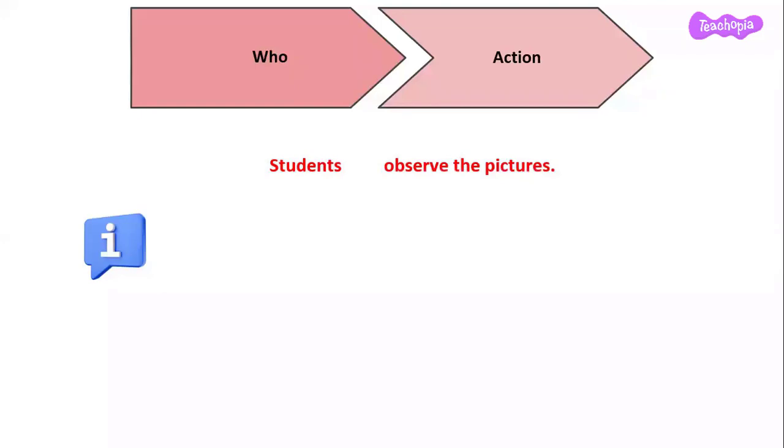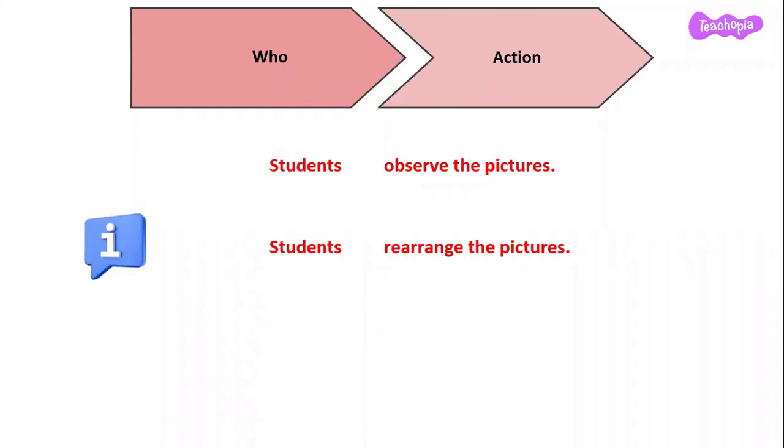Let's look at another example. Once again, who are you talking to? The students. What is an action that you want them to do? You want them to rearrange the pictures. So, students rearrange the pictures will be your sentence. Now, supposing as a teacher, you want to tell the students to observe something that you are doing.